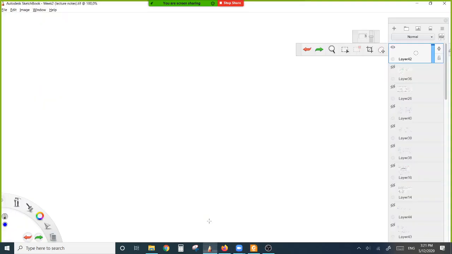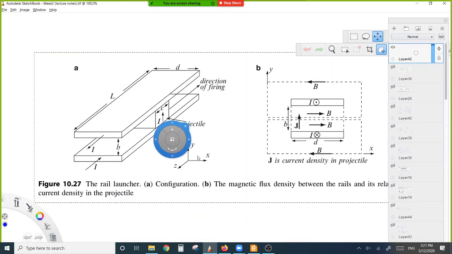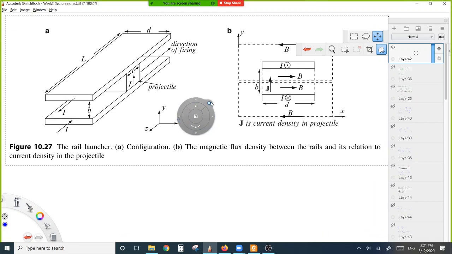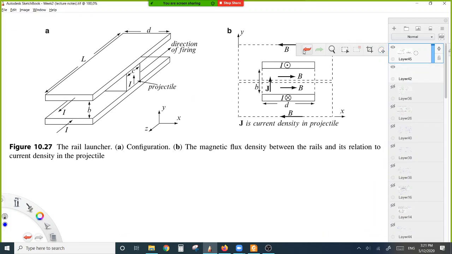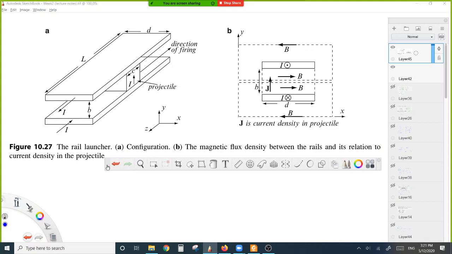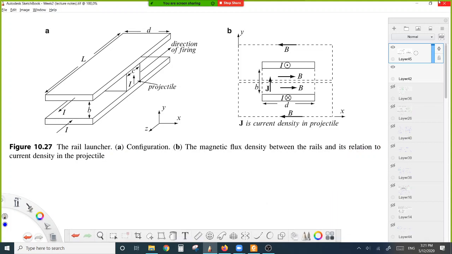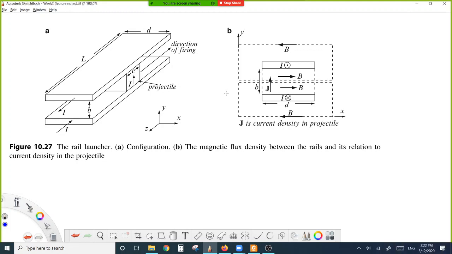So one of the interesting applications of Faraday's law and electromagnetic induction is, you may see here, the rail launcher.